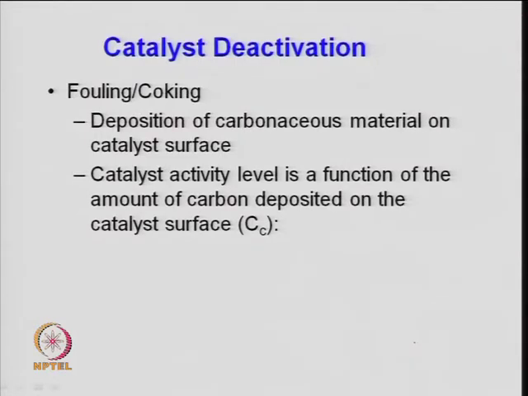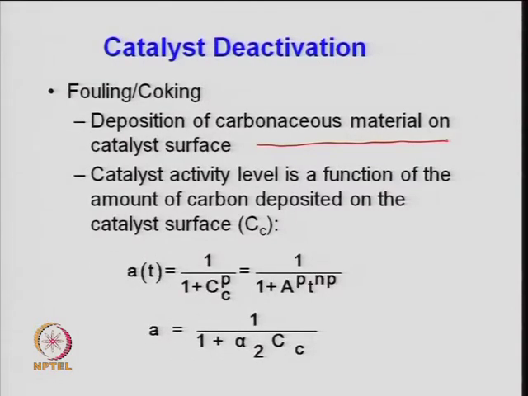The fouling phenomenon, that is, deactivation by coke formation, is basically the deposition of carbonaceous material on the surface of the catalyst, and how much carbon is deposited is what we have discussed. The activity level is a function of the amount of carbon deposited on the surface of the catalyst, and different kinds of rate expressions can be used for this purpose.